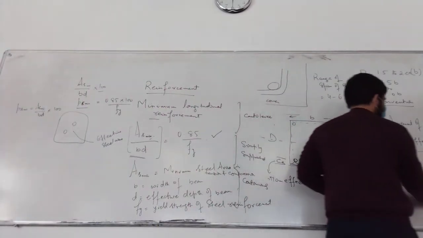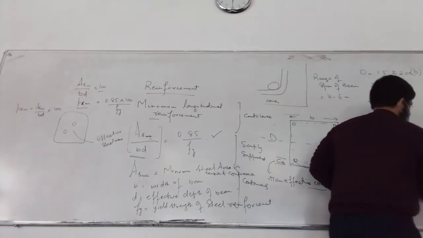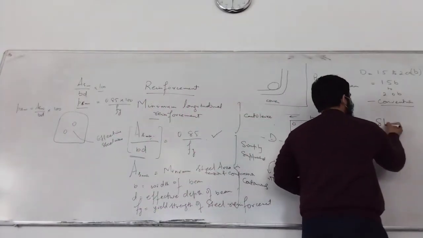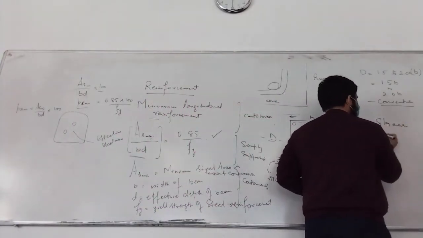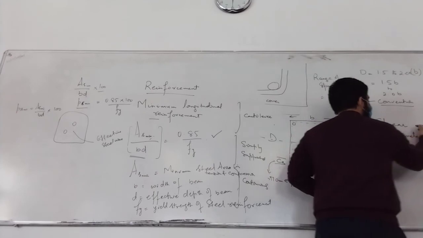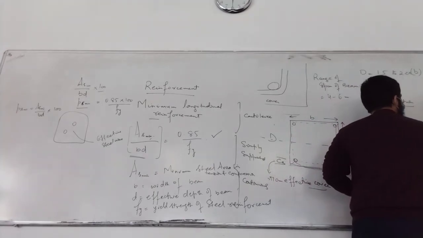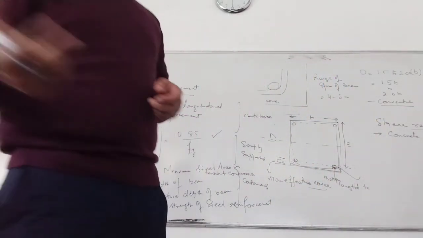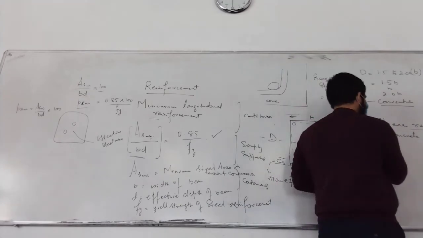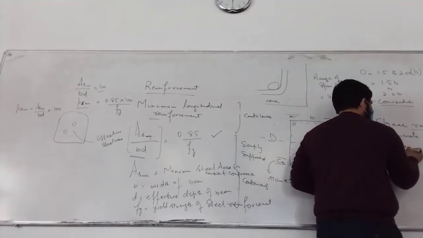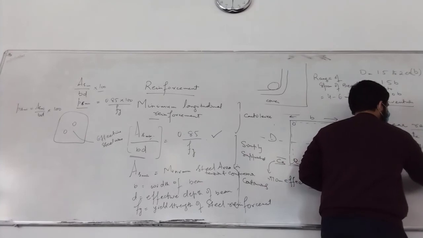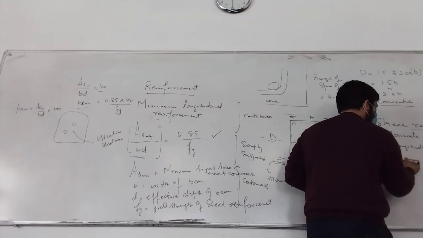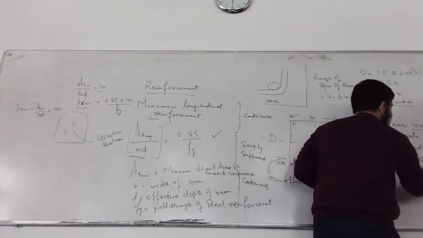I'll briefly discuss it. Shear resistance to shear forces is provided by one, concrete itself. Second, by longitudinal reinforcement. Third, by shear stirrups, which we call stirrups, rings.